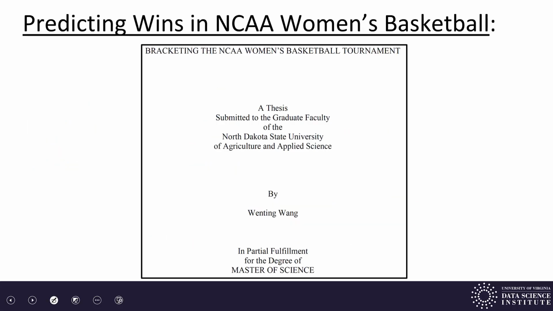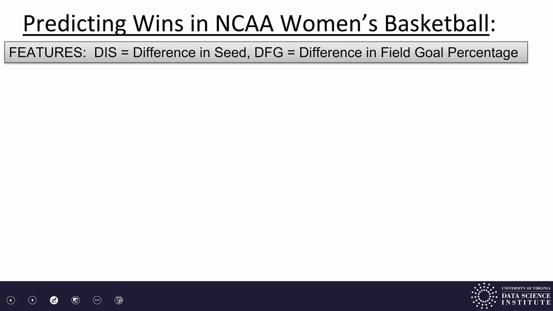Let's look at an example where somebody did some work predicting wins in NCAA women's basketball. What we're looking at is this graduate thesis here, and they looked at a number of features. This is women's basketball in the NCAA tournament, and they want to predict the probability of winning in the tournament rounds. Really, this is the first round of the tournament.